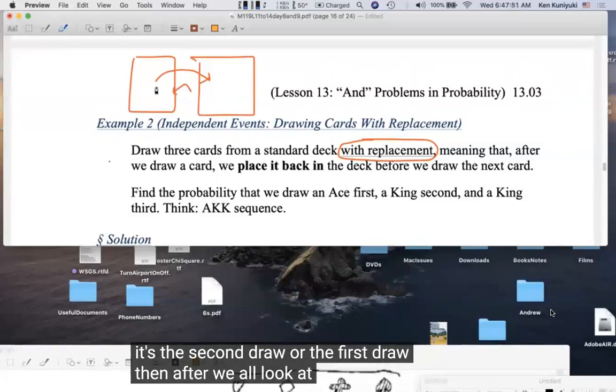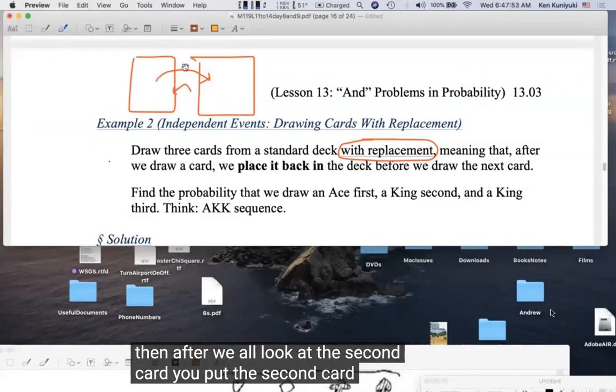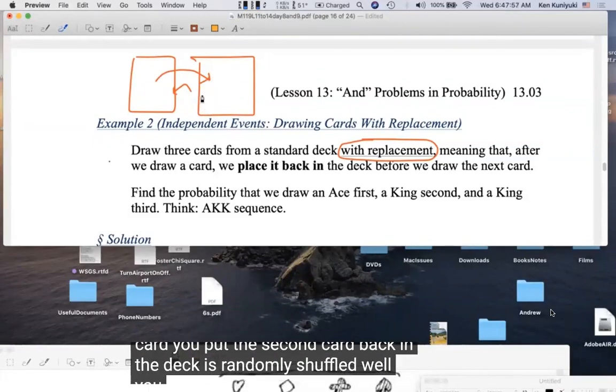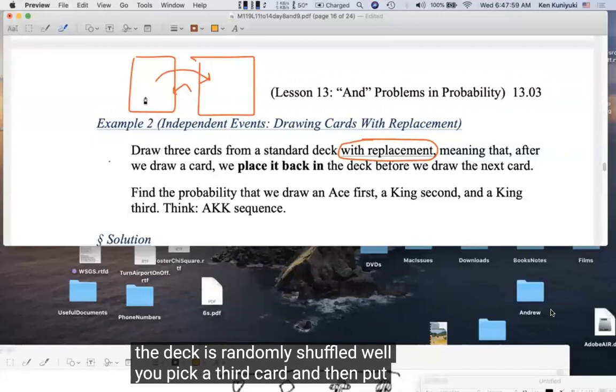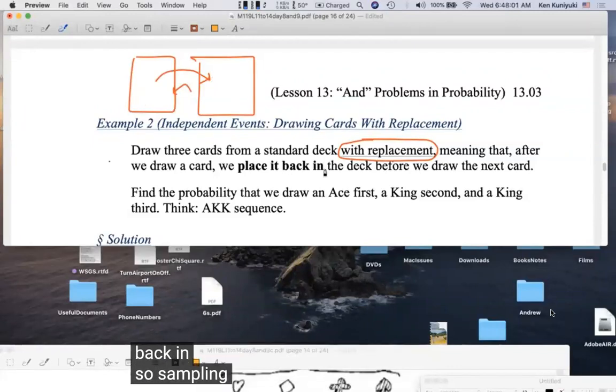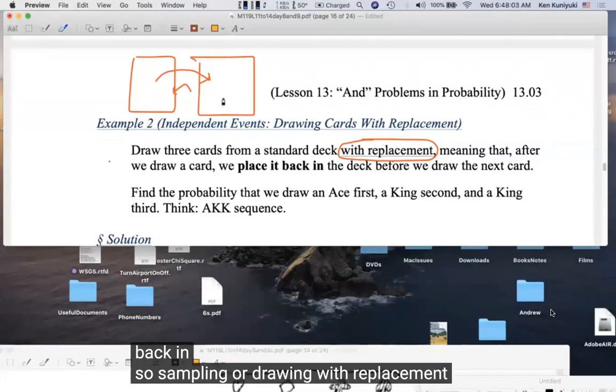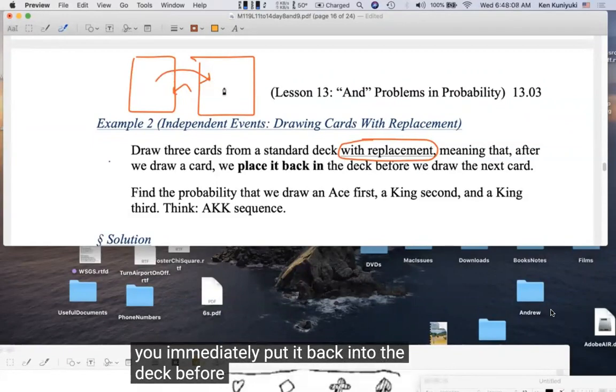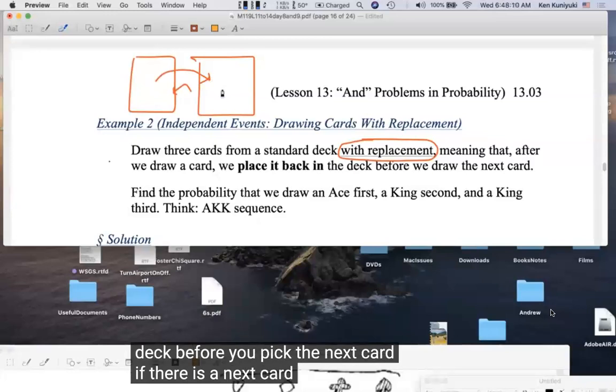Then after we all look at the second card, you put the second card back in. The deck is randomly shuffled well. You pick a third card and then put that back in. So that's sampling or drawing with replacement. Every time you pick a card, you immediately put it back into the deck before you pick the next card, if there is a next card.